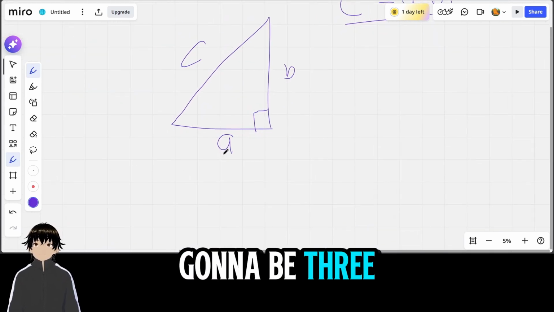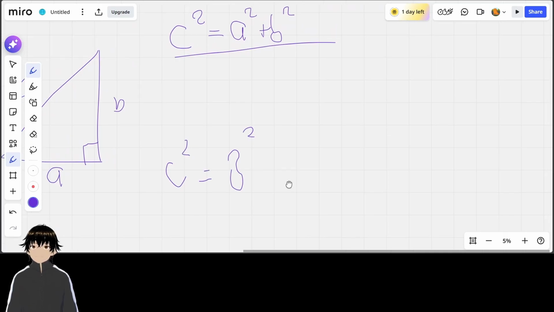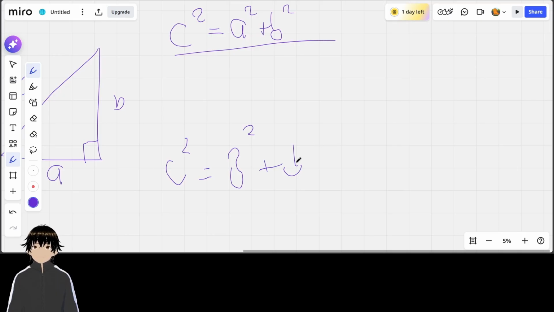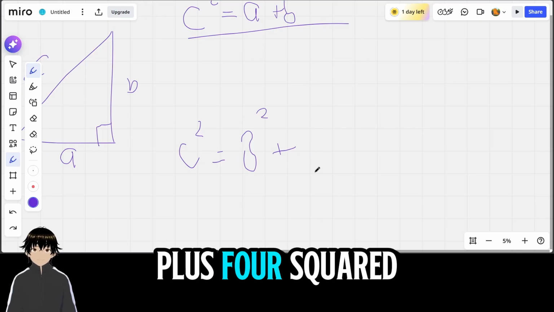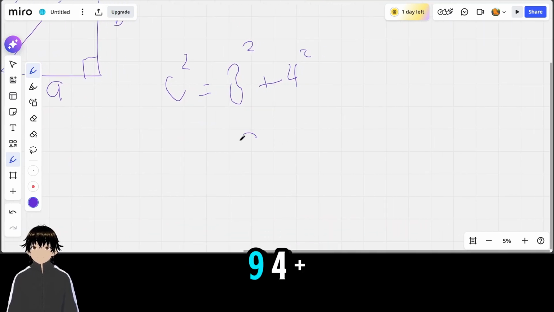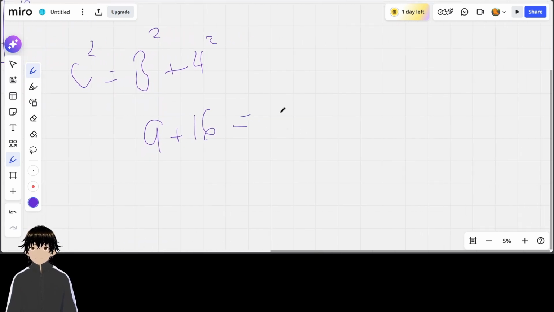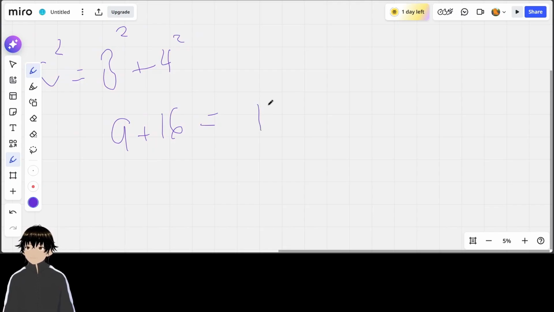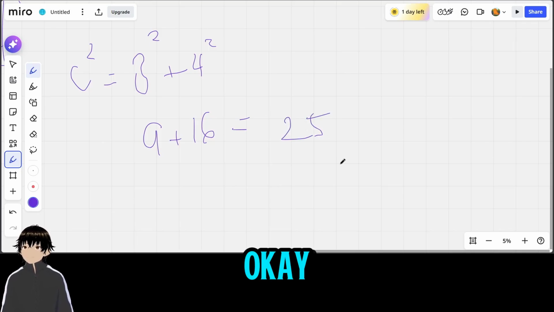So 3 squared plus 4 squared. 3 times 3 is going to be 9. 4 times 4 is 16, and that's going to give you an answer of 25.